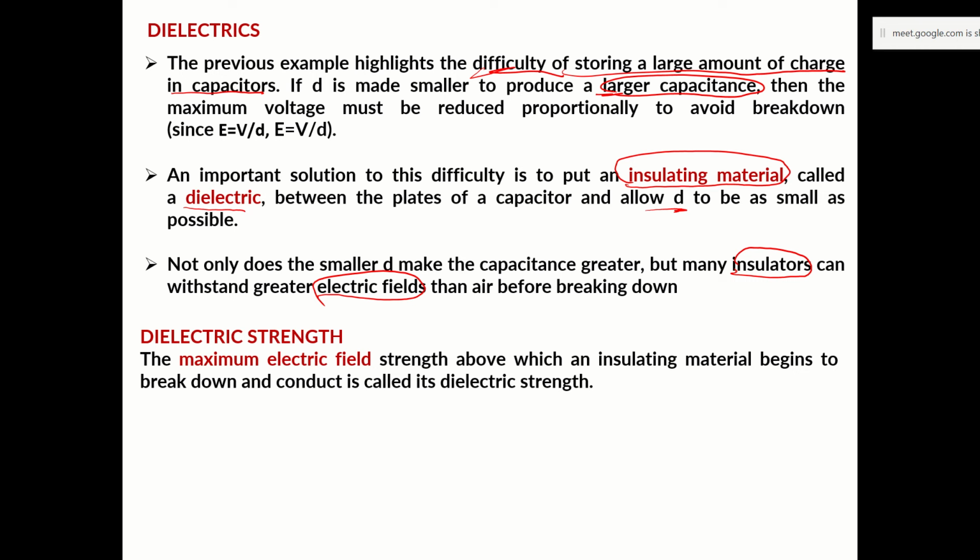So any insulating material can become a conductor when you apply a very large electric field. The maximum electric field that can be applied to an insulating material before it begins to conduct is called breakdown. That is the point when it becomes conducting. We say it has broken down, and that maximum electric field is its dielectric strength.